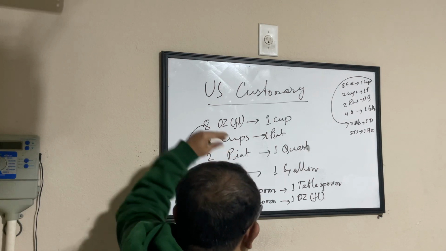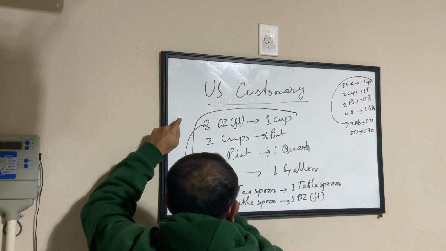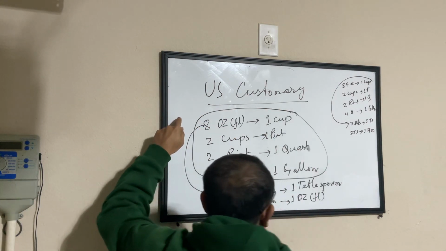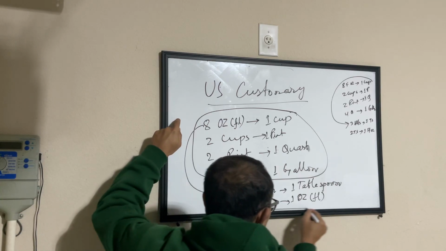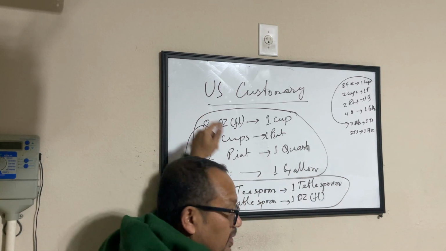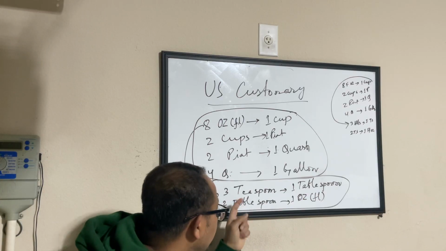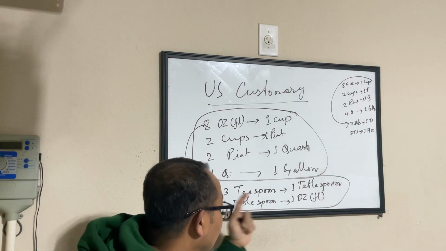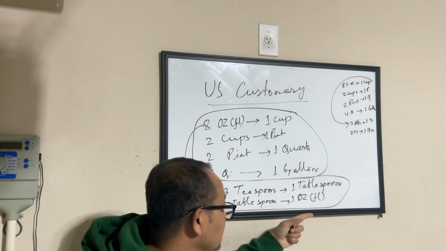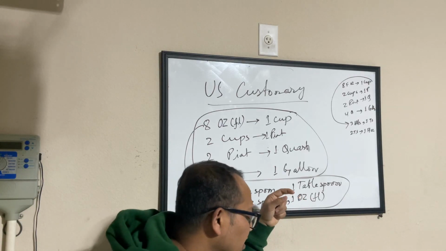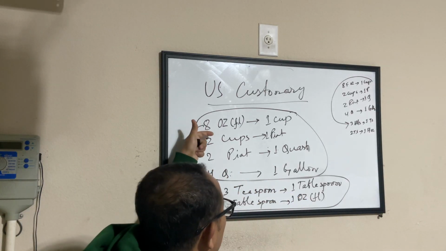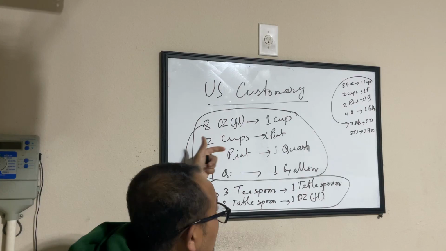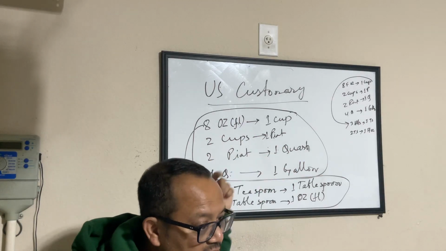This is the extended version, where you add further smaller units. So 3 teaspoons make 1 tablespoon, 2 tablespoons make an ounce, 8 ounces make a cup, 2 cups make a pint, 2 pints make a quart, 4 quarts make a gallon.